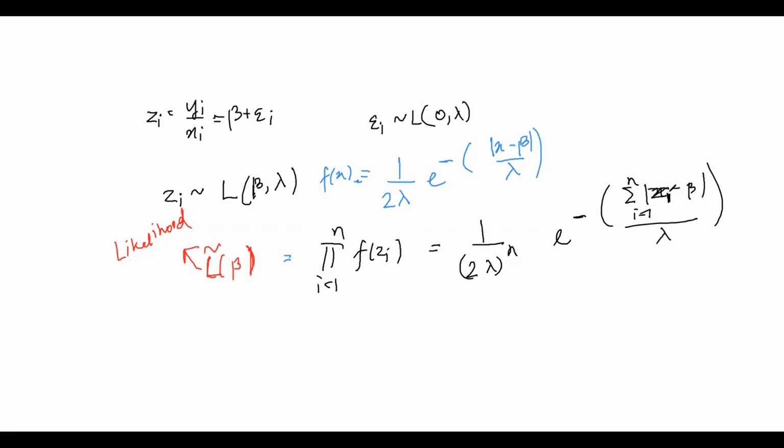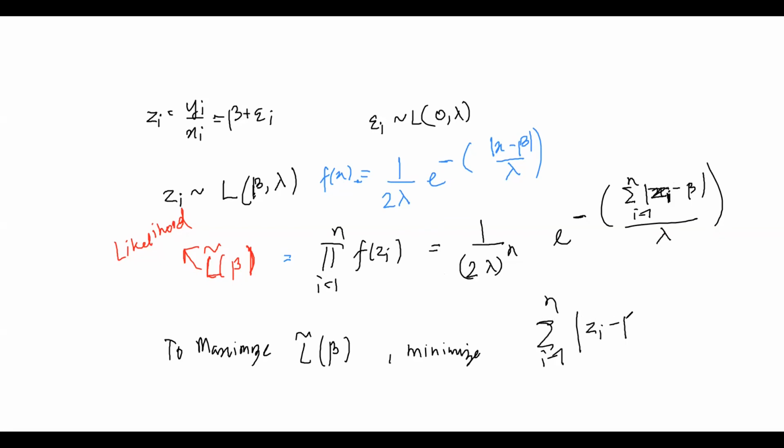To maximize L curl of beta, the likelihood, we have to minimize the summation of i from 1 to n of modulus of zi minus beta, by lambda. Lambda is positive, so essentially we can ignore that.